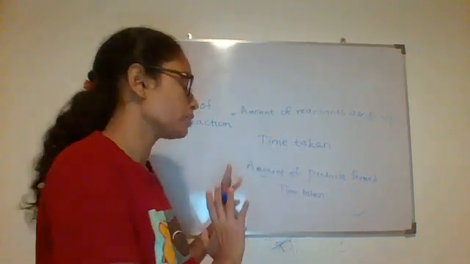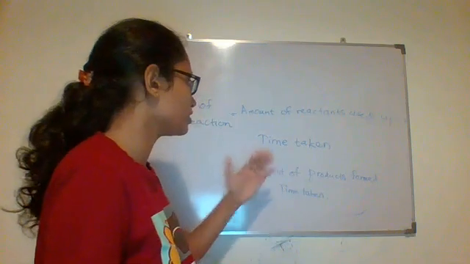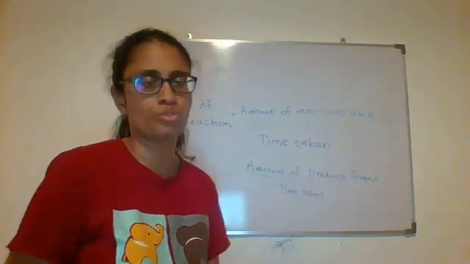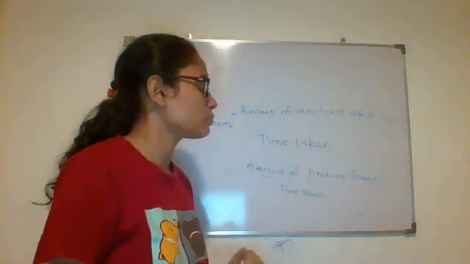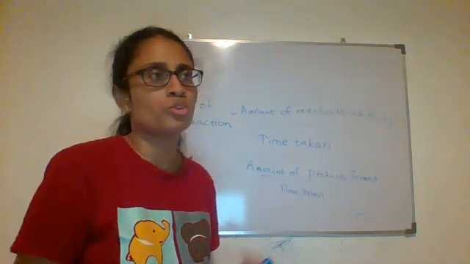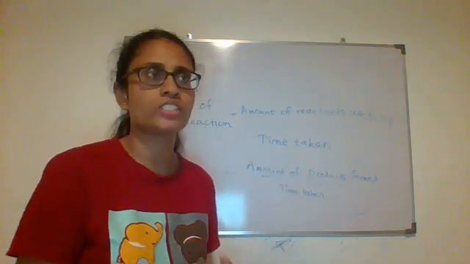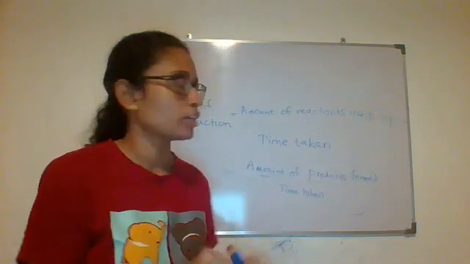So as I mentioned earlier, you can use either the amount of reactants used up or the amount of products formed. Now let's look at the factors that affect the rate of these reactions.